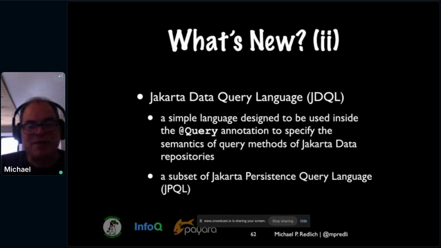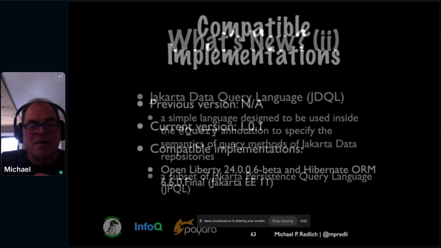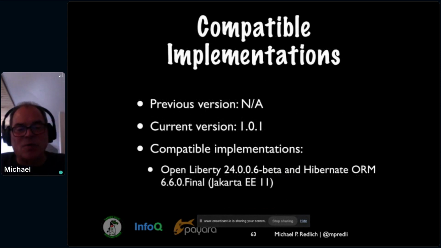Oh, and I wanted to mention Gavin King was a big help getting this done. He's the creator of Hibernate. And there's a service release, 1.0.1 is our current version, and the compatible implementations are Hibernate ORM 6.6, and then Open Liberty, which has been a supporter of Jakarta Data since the beginning.